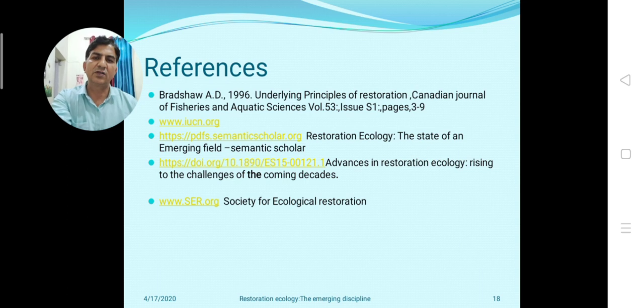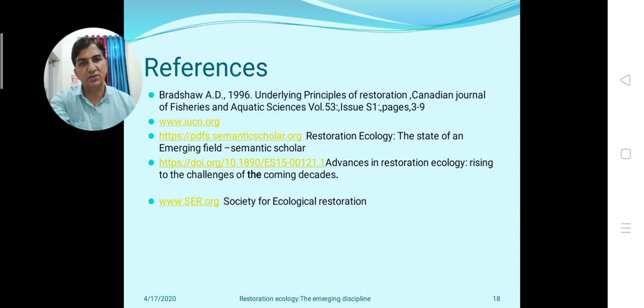Before talking about this, you must know that if you have to go for a restoration process, three important things are involved. First is planning. You must plan how much cost is required and what kind of resources are available to you. Then implementation, which is very important. You have to prepare the site, introduce some species, remove some species, and have some interventions, physical, chemical, or biological.